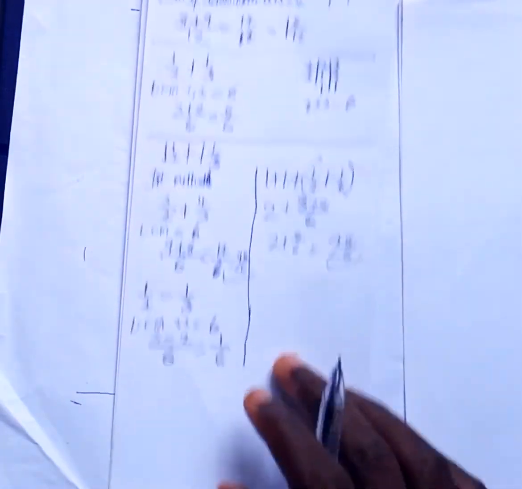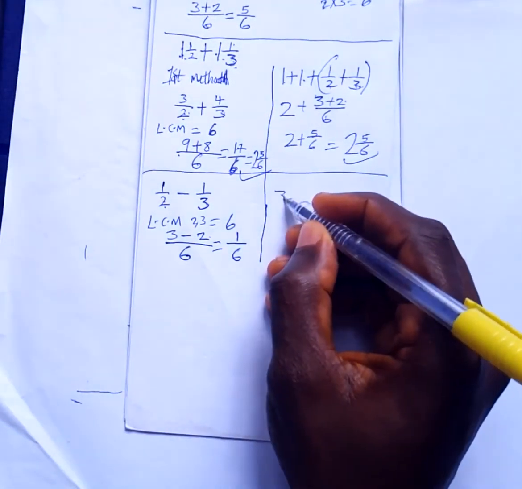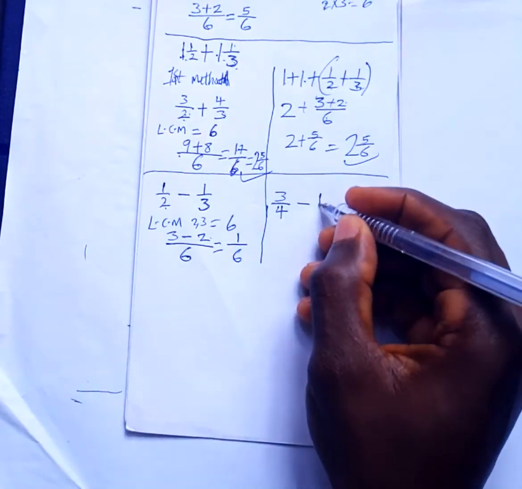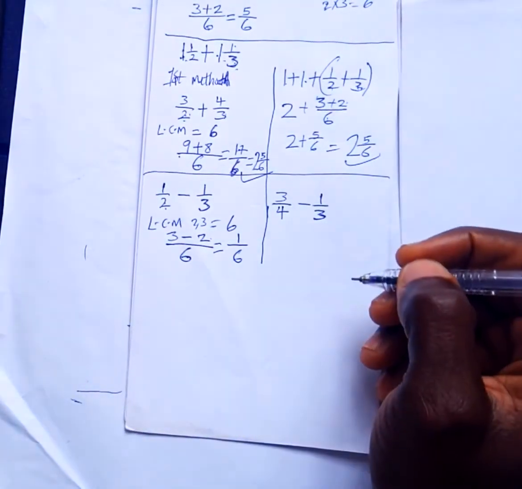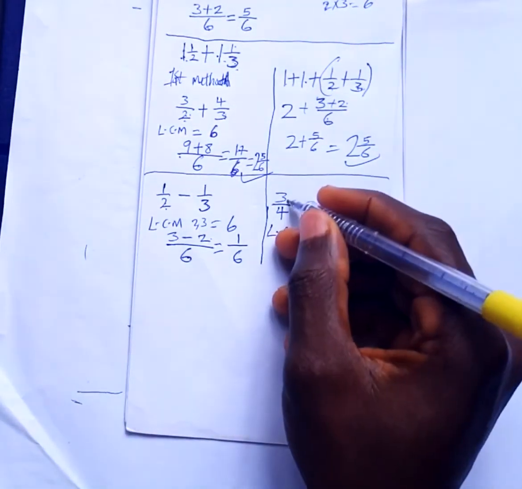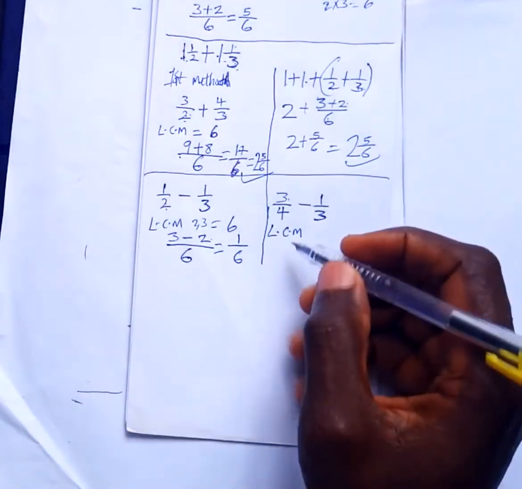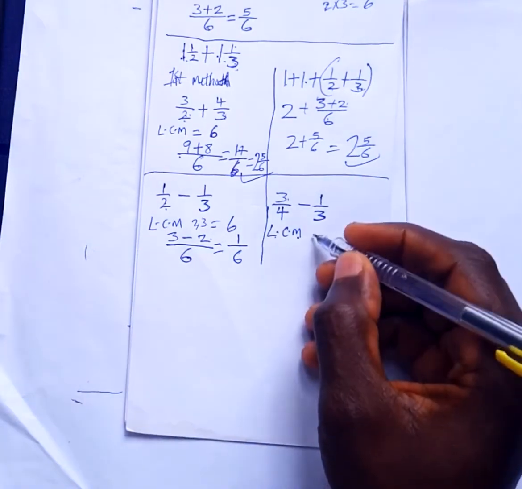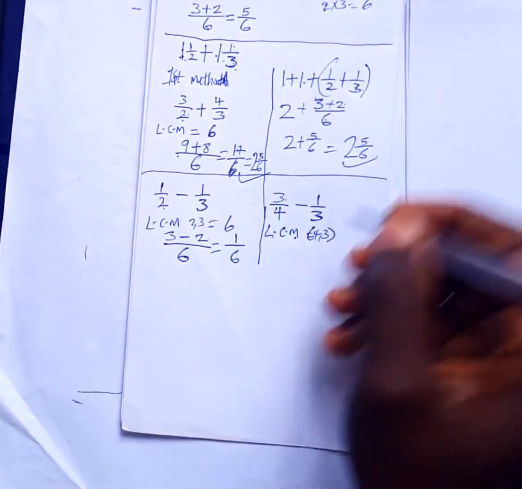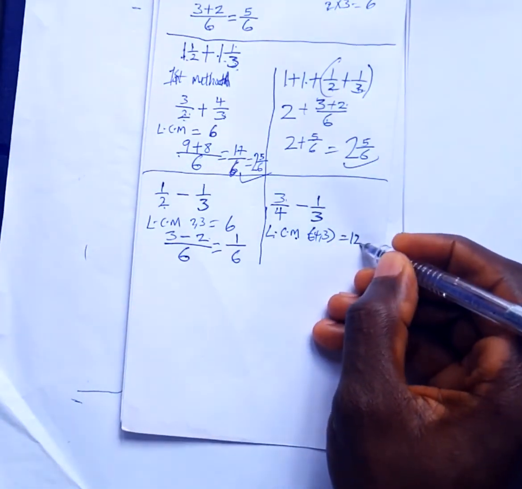The same method. So when you have, like, 3 over 4 minus 1 over 3, like we said, the first thing to do is to find the LCM. The LCM of the denominators, which are 4 and 3, we have done it here, is 12.